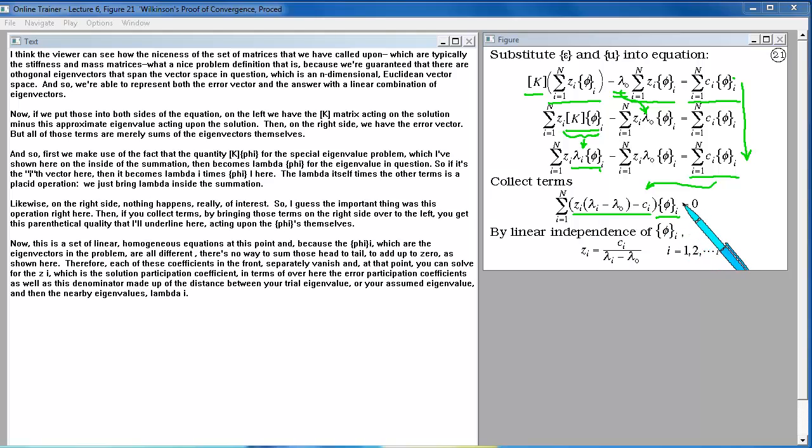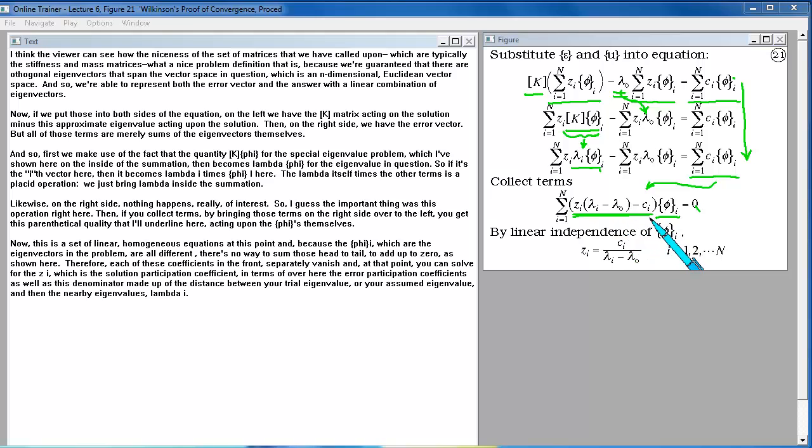Now this is a set of linear homogeneous equations at this point, and because the phi sub i, which are the eigenvectors in the problem, are all different, there's no way to sum those head to tail to add up to 0 as shown here. Therefore, each of these coefficients in the front must separately vanish.